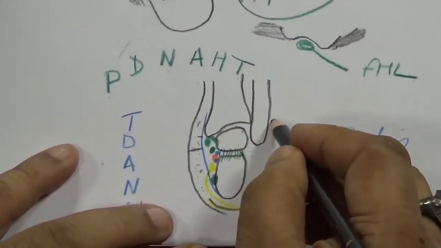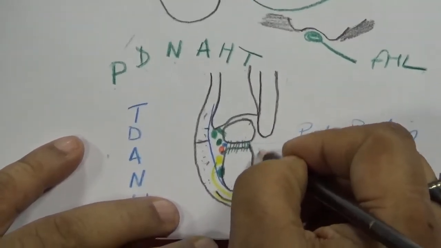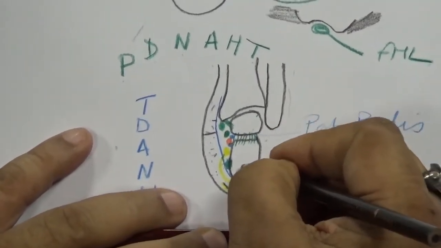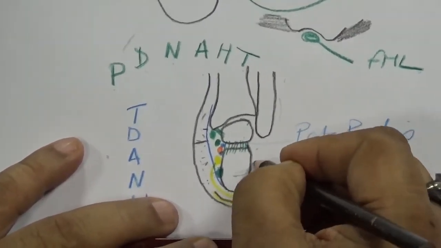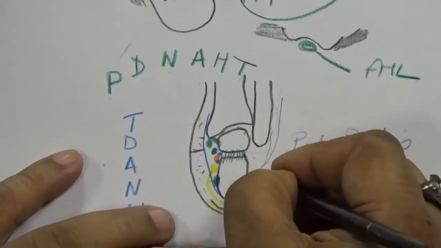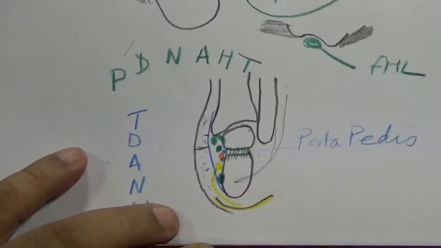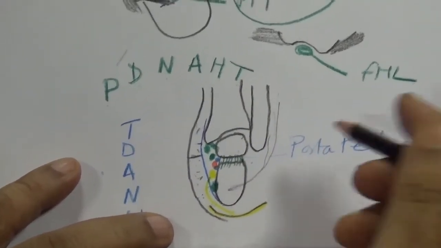Similarly on the lateral side, on the calcaneum, the blood supply is an end artery. It's a very precarious blood supply.